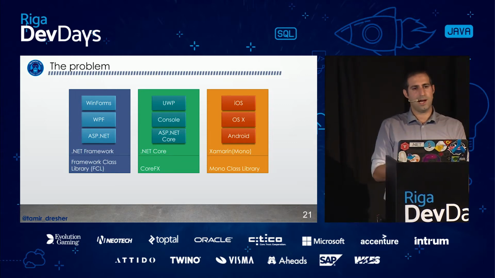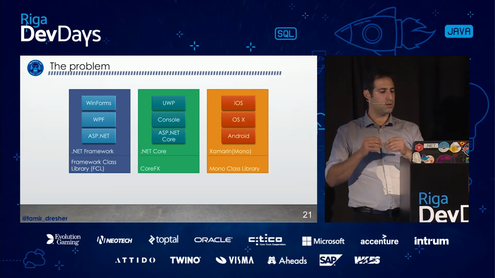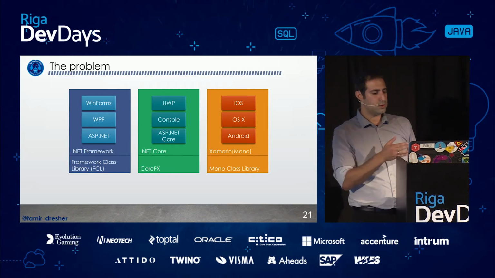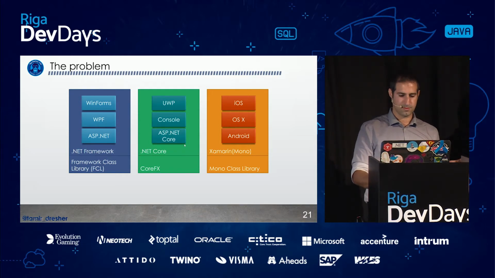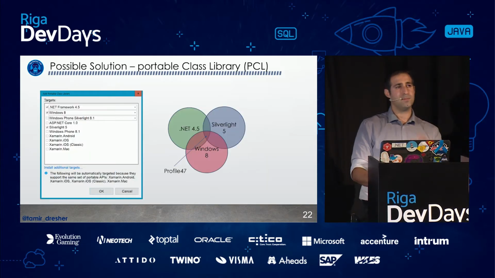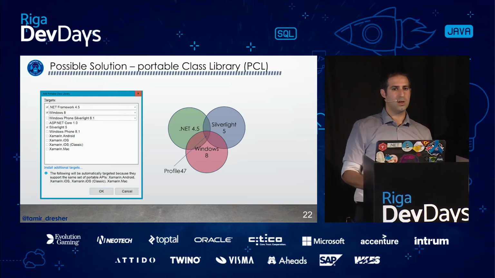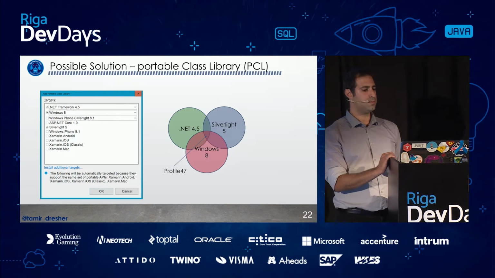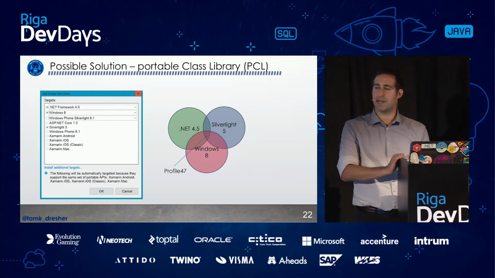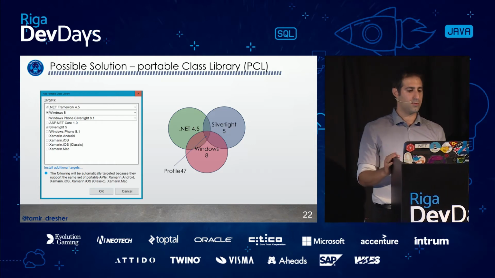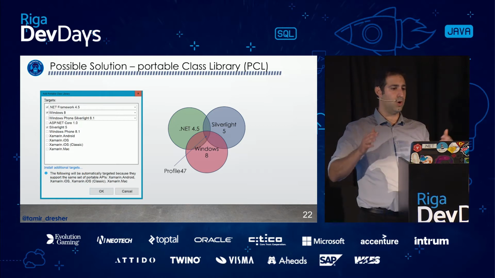So if I now want to write a class library and I want to use it in all those places, which of those frameworks do I need to use? It's now becoming a problem, right? So one possible solution that we've seen over the years was the portable class libraries, where you could create a new portable class library. You have this dialog, and you select the targets like .NET Framework 4.5, Windows 8, Silverlight 5, and so on.